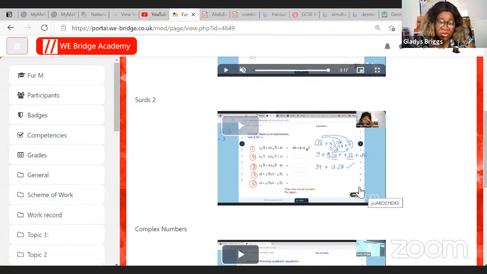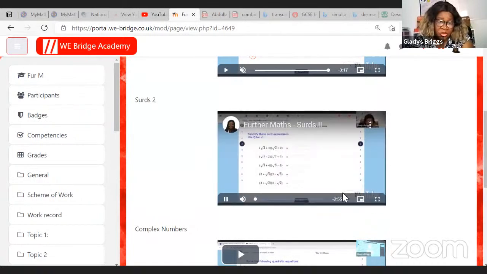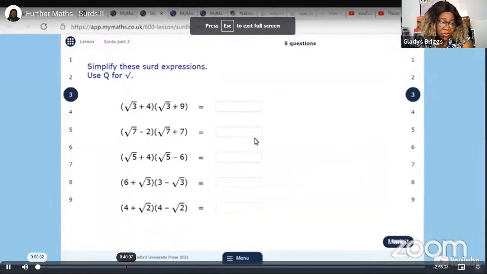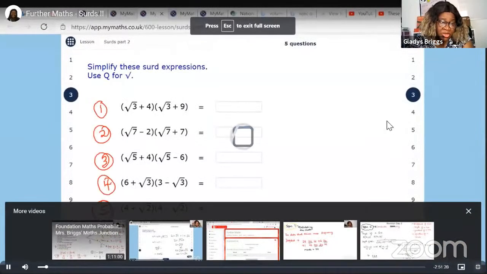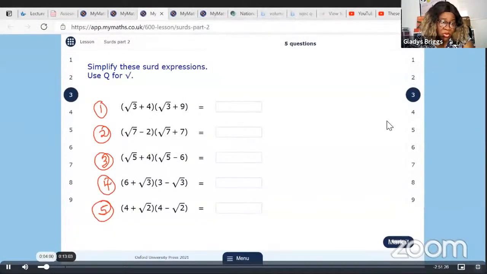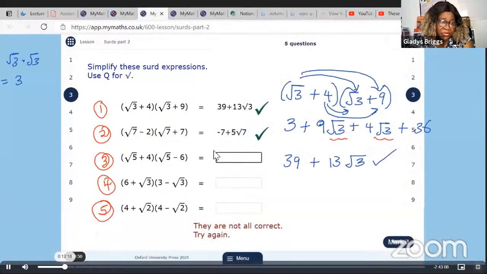I think we went on to do on the second day of learning about surds, we went on to do rationalizing the denominator with more complex forms.